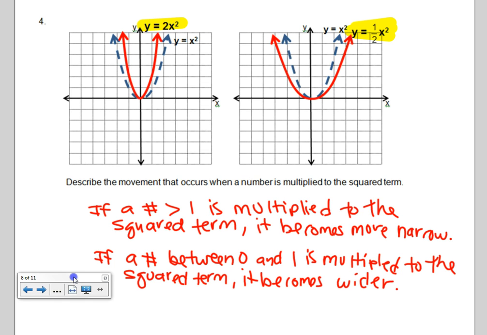Okay, those are the 4 transformations you need to know: shifting left and right, shifting up and down, reflecting over the x-axis, and the graph getting either more narrow or wider. So now we're going to put this all together, and then based on the equation, you have to tell me what transformations occurred.